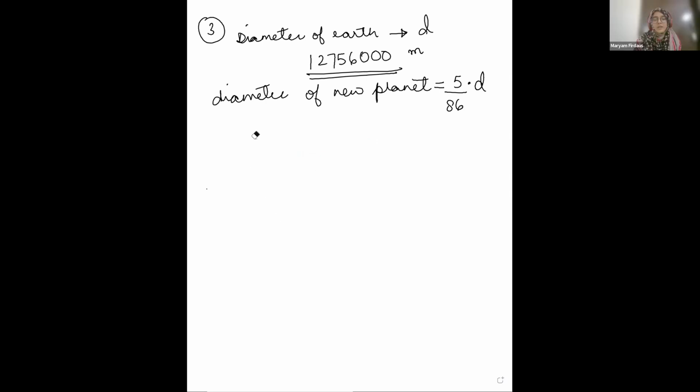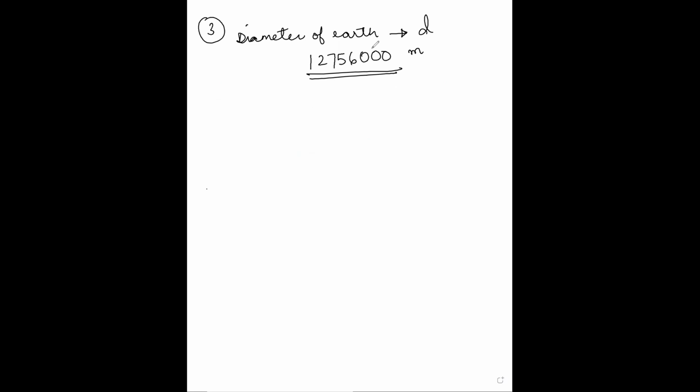That's gonna be easier. So here you will say the diameter of Earth is 12756,000 meters. So first, let's convert this into kilometers. Why I'm saying this is because it's gonna be very easily converted into kilometers. Reason being, here you have this 000, right? And we know that if I have 1000 meters, I can clearly say that it is equal to 1 kilometer.